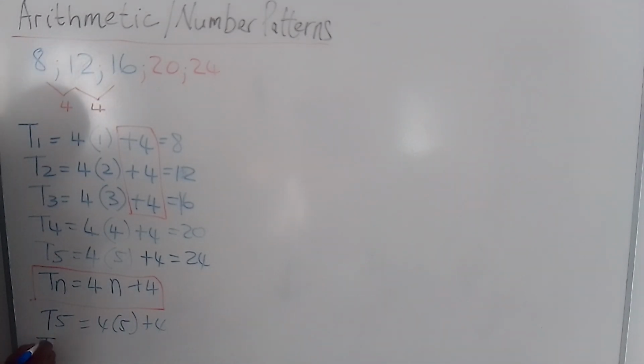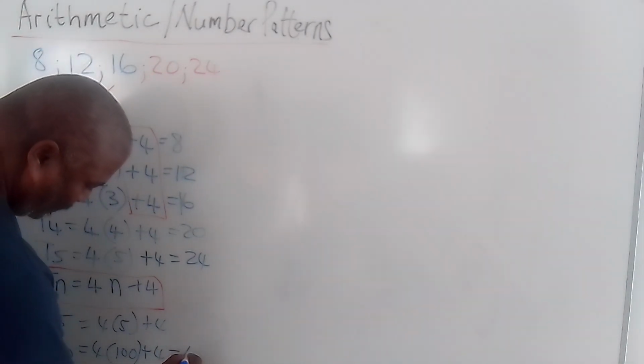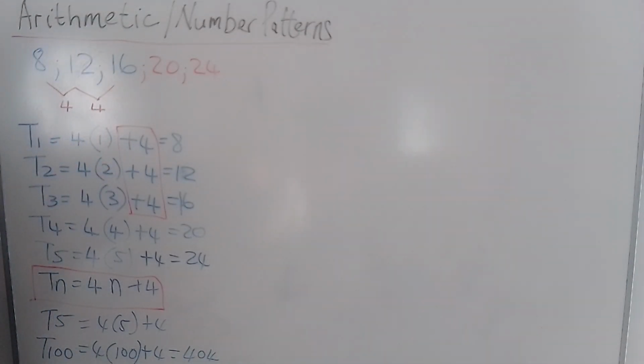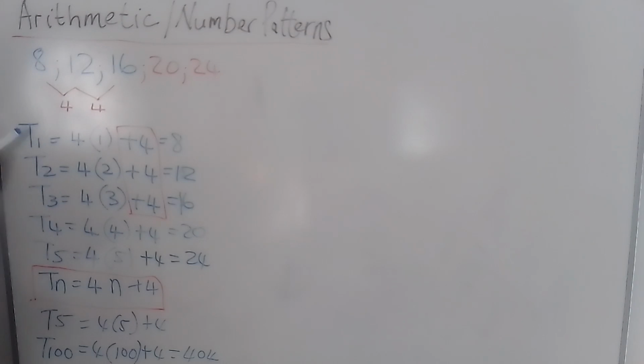Then T100: 4 times 100 plus 4, and that adds up to 404. So from this, we could derive our general term.